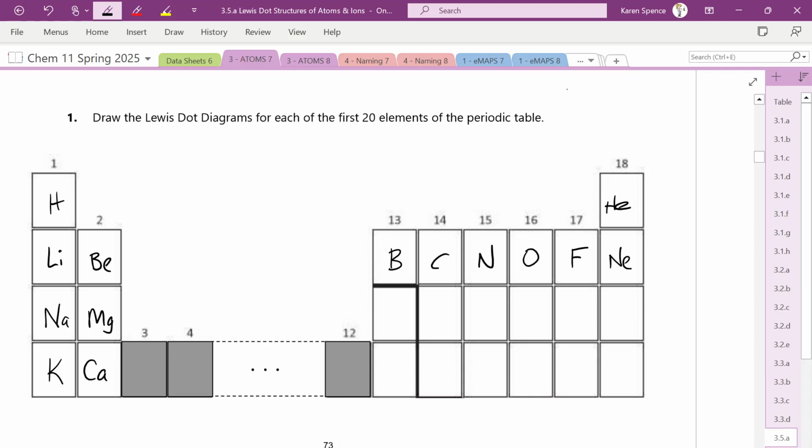And one thing I want you to notice is this little section here. Which elements are these? Those are the transition metals. And there are no structures for transition metals.